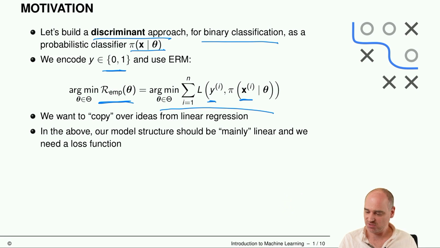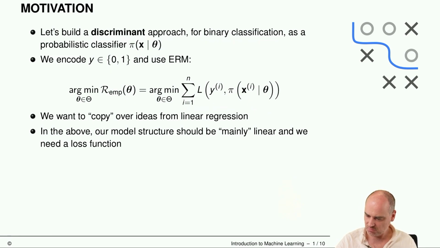But in order for us to concretely do that, we have to become a little bit more concrete. I want to be a little bit lazy and do this step by step, and we want to copy over as many ideas as possible from linear regression. First of all, we would like our predictive model to be mainly linear, and what I mean with that we'll figure out in a few minutes.